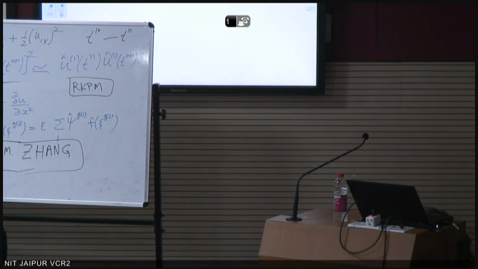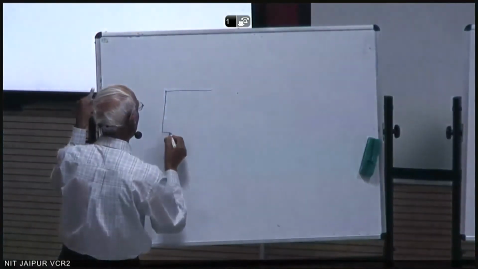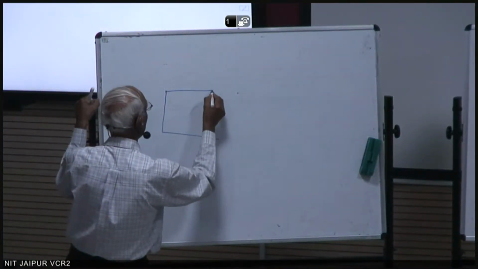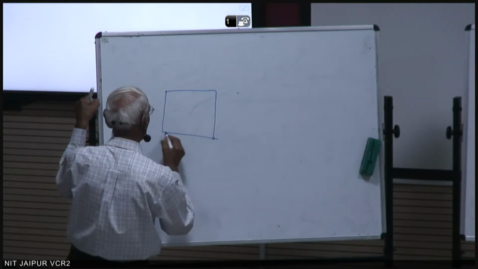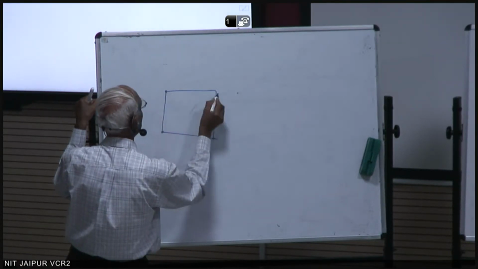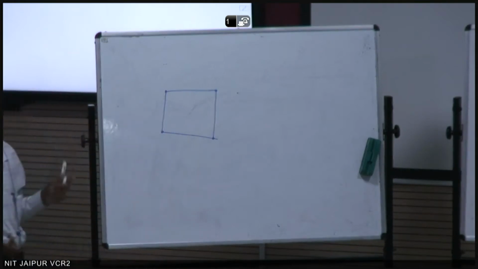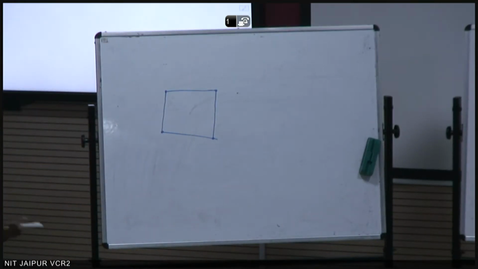So is this chalkboard okay? So let's take this element. This is a 4-noded element. The way I've drawn it is a square, but it's a 4-noded rectangular element.